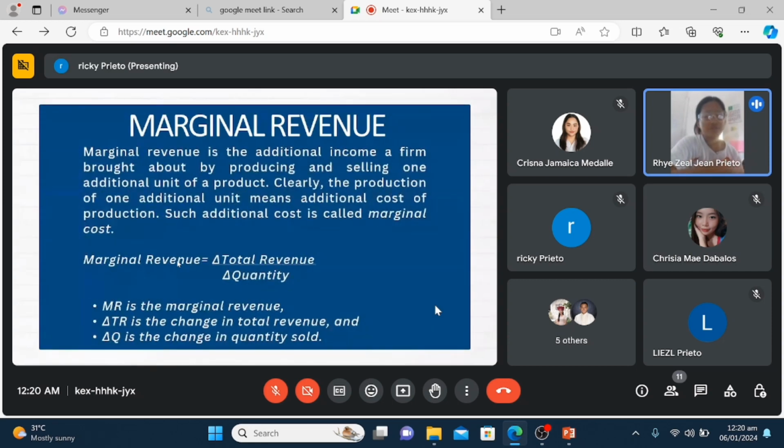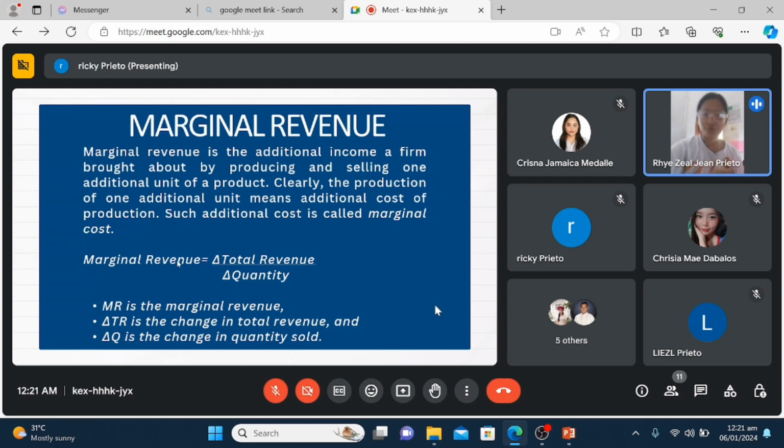So marginal revenue is the additional income that a firm or a business gains by producing and selling one additional unit of a product. Clearly, the production of one additional unit means additional cost of production.